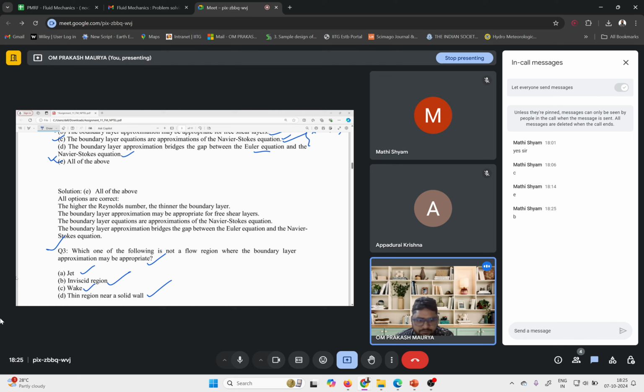Okay, you are telling option B. Which one of the following is not a flow region where the boundary layer approximation may be appropriate?